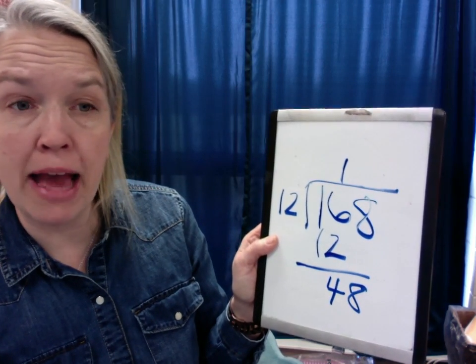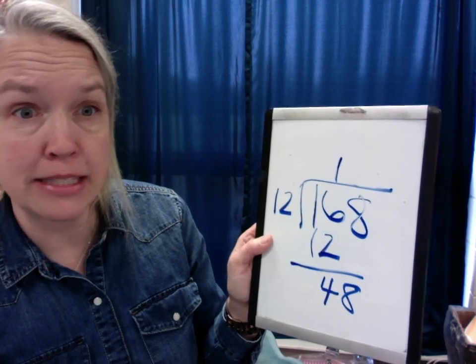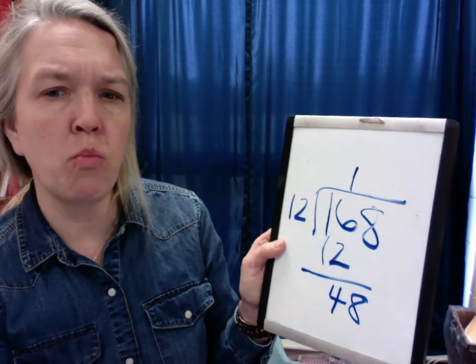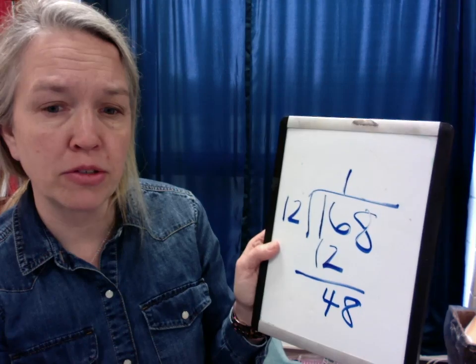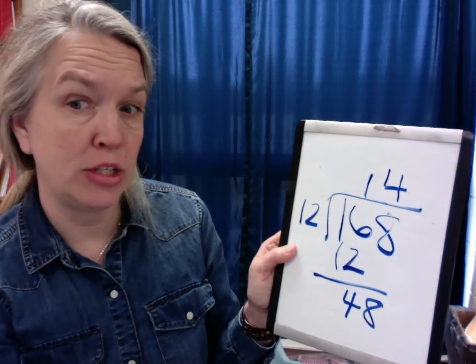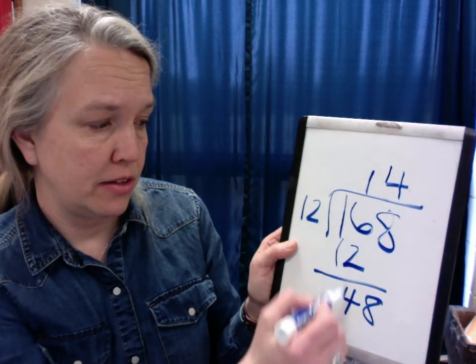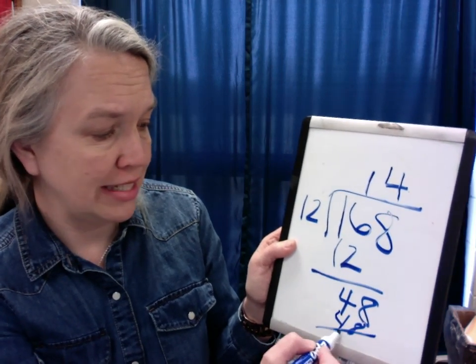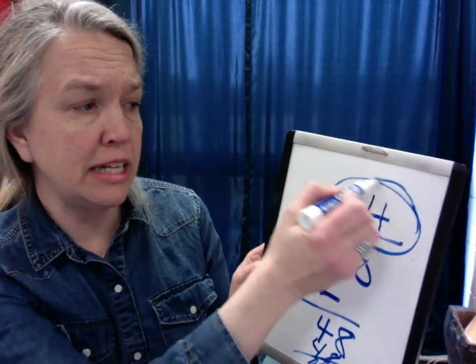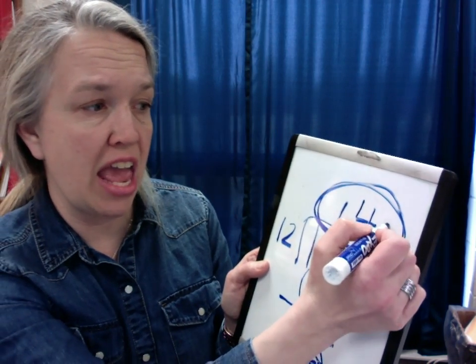Dad's got to divide right back in. Remember, Dad divides, Mom multiplies, sister subtracts. Remember all those things we learned? 12 times what gets you to 48, fourth graders? 12 times 4 gets you to 48. She has nothing left over. So she has 14 dozen eggs.